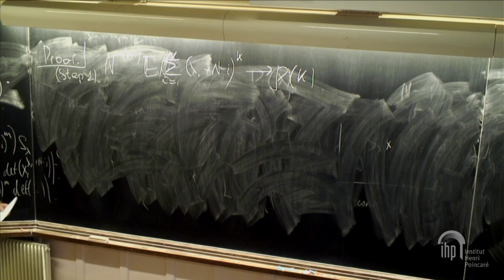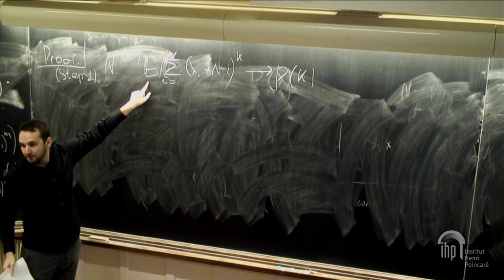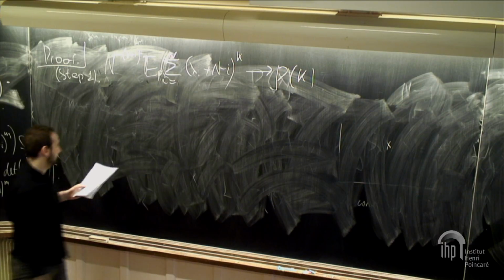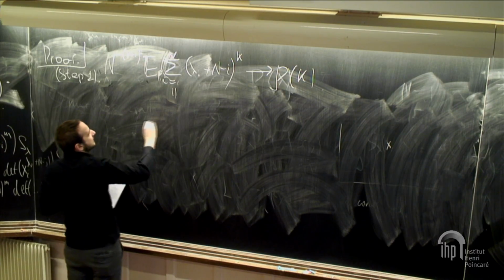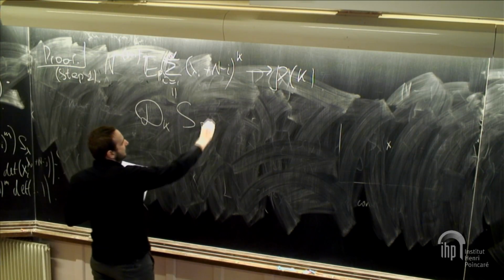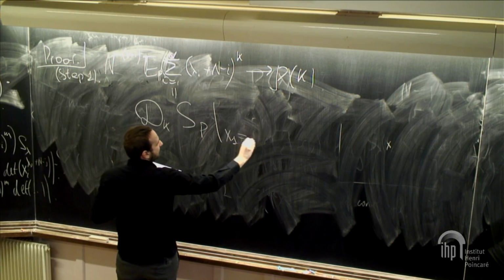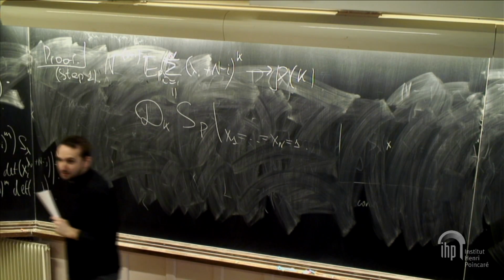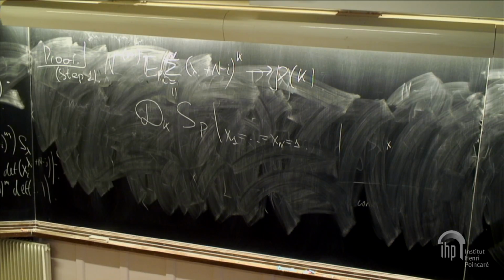So we already know how to compute this guy, my expectation with respect to our probability measure. We know that this is D_k of S_p, and then all variables are specialized to 1. That was a consequence of our results with differential operators, and that trick that I showed you with functions in one variable.